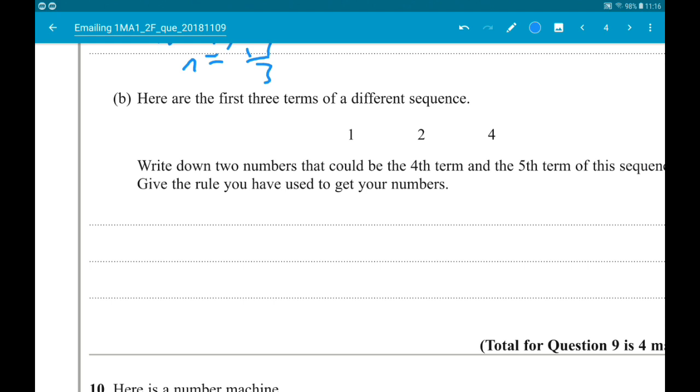We want to give the rule you have used to get your numbers. So there are at least 2 rules we could use. First of all, we could multiply by 2 each time. So 1 times 2 is 2. 2 times 2 is 4. So our 4th term could be 8.